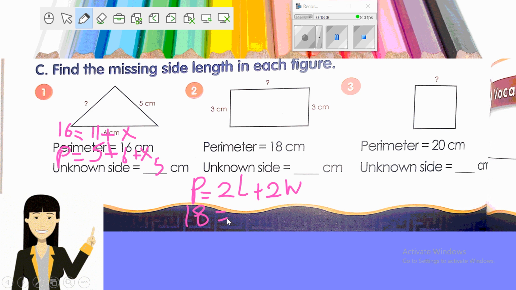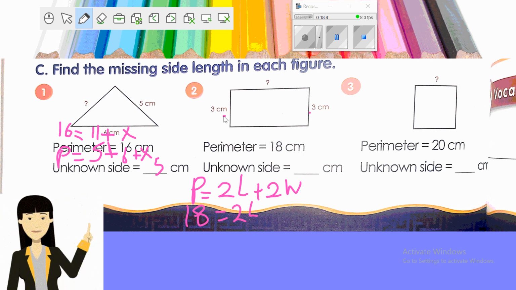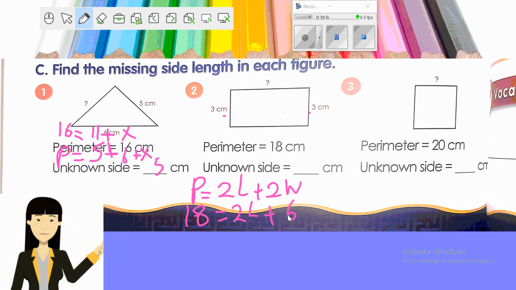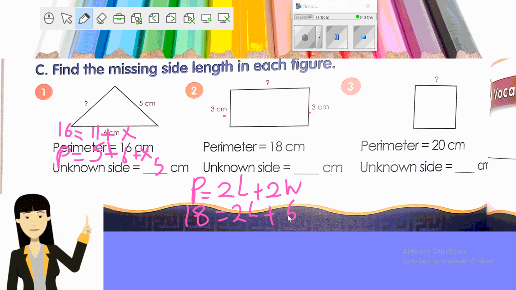We don't know the L, so double of L. The W here, double of 3 is 6. So what number, if I add it to 6, will be 18?